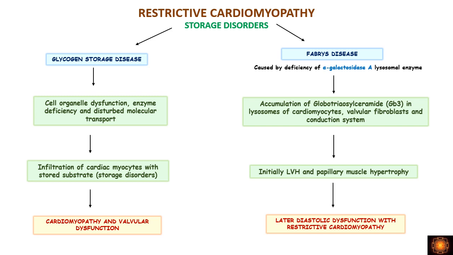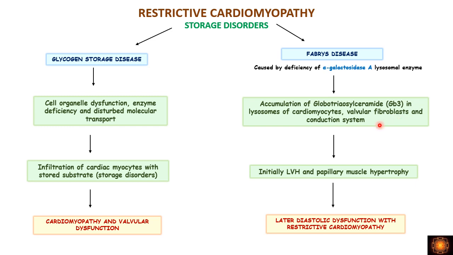Now the storage disorders, if you see, we have glycogen storage disorders and we have lysosomal storage disorders. Fabry's disease is one of them. This is caused by deficiency of the lysosomal enzyme alpha galactosidase A. When there is a deficiency of this enzyme, we have the accumulation of globotriaosylceramide, GB3, in the lysosomes of the cardiomyocytes. Not only in the cardiomyocytes, we see it in the valvular fibroblasts and also in the conduction system.